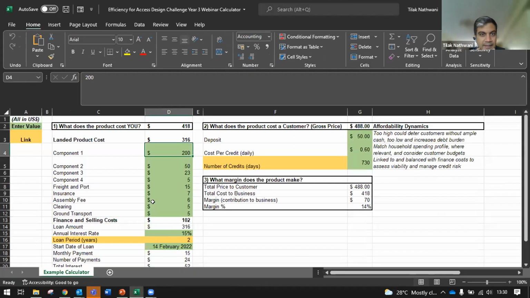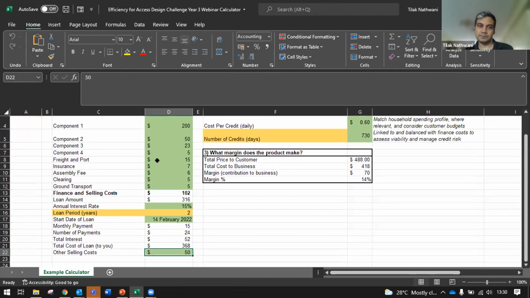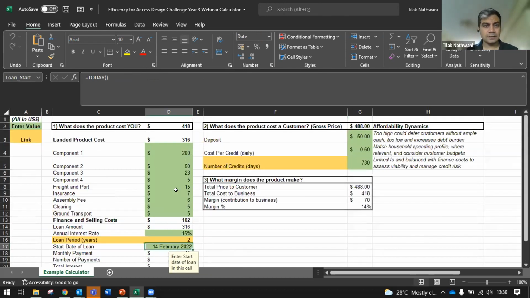I'm going to use that opportunity to quickly run through this model, which will help you think about how all of these different factors are interconnected.